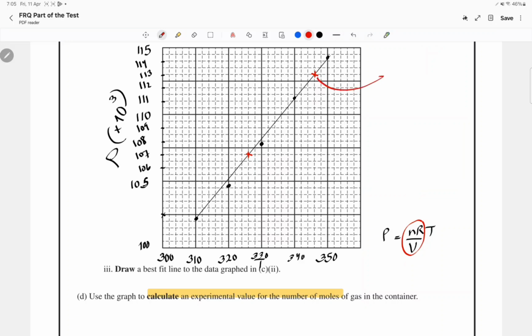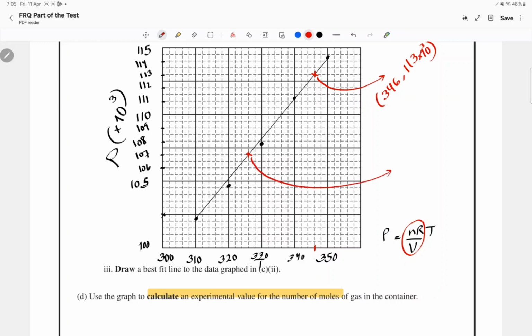So here, what exactly is this point? Now look, from 340 to 350 are 5 boxes. That means each box is 2. So this is at the third box. That's going to be 346. Now on the y-axis, that actually is 113, but don't forget, times 10 to the power of 3.